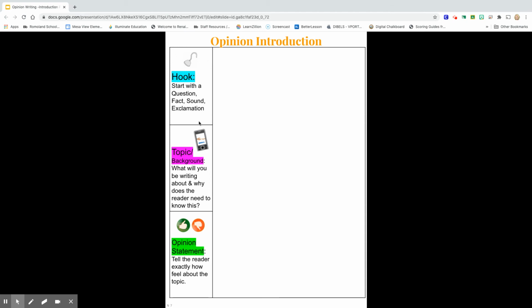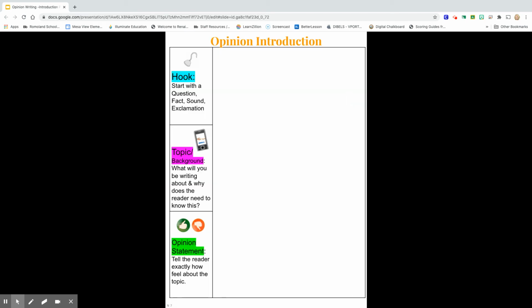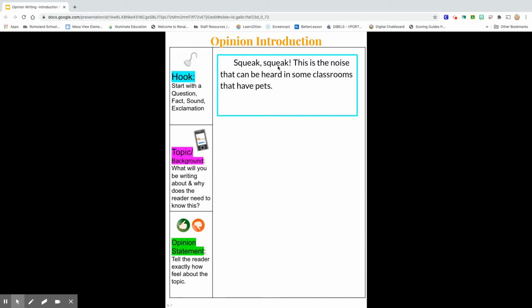Now remember, we want to have a hook, we want to have a topic or background sentence, and we want to have our opinion statement sentence. And so my friend who already did their graphic organizer started putting that into complete sentences in this draft. And in their hook, they said, squeak, squeak, this is a noise that can be heard in some classrooms that have pets. So they chose to use a sound as their hook, the squeak, squeak.